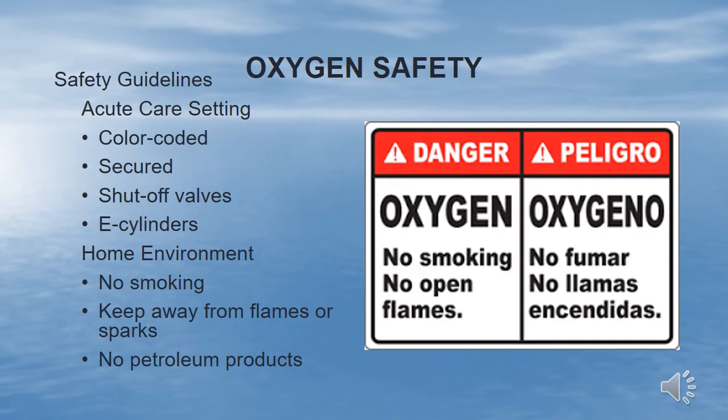Additionally, a 6-foot distance should be kept from toys or appliances with electric motors like hair dryers, electric razors, and toothbrushes. Instructions should also include avoiding the use of aerosol sprays, cleaning products, and using petroleum products like Vaseline around the face. Patients and caregivers should understand how to operate the prescribed device.